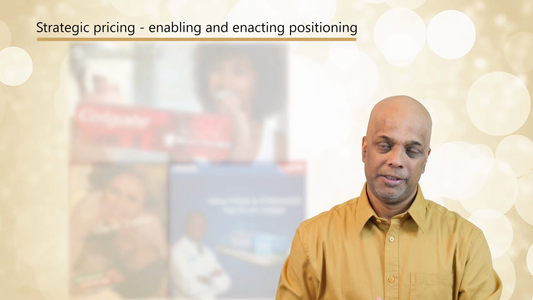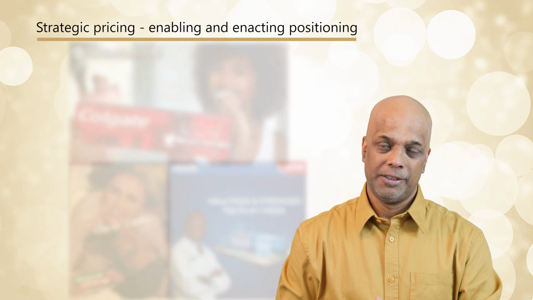So to repeat it again, the strategic pricing would follow an STP approach: segmentation, targeting, and positioning. You should first identify the basis upon which your market is segmented. The market is stratified.